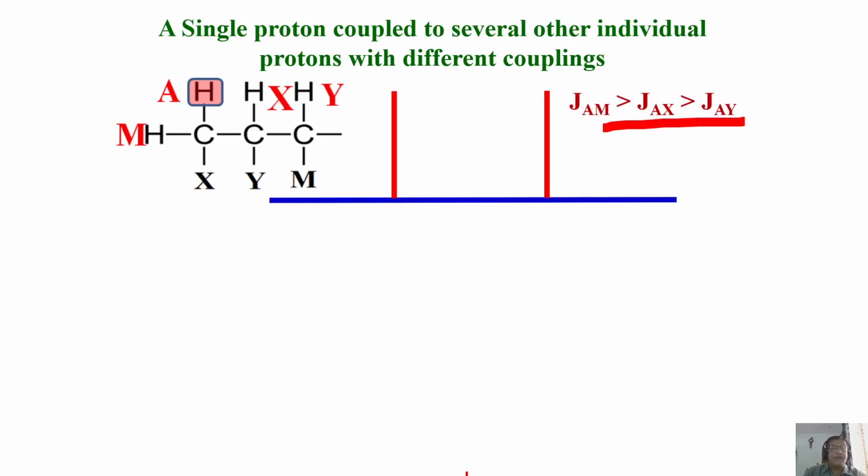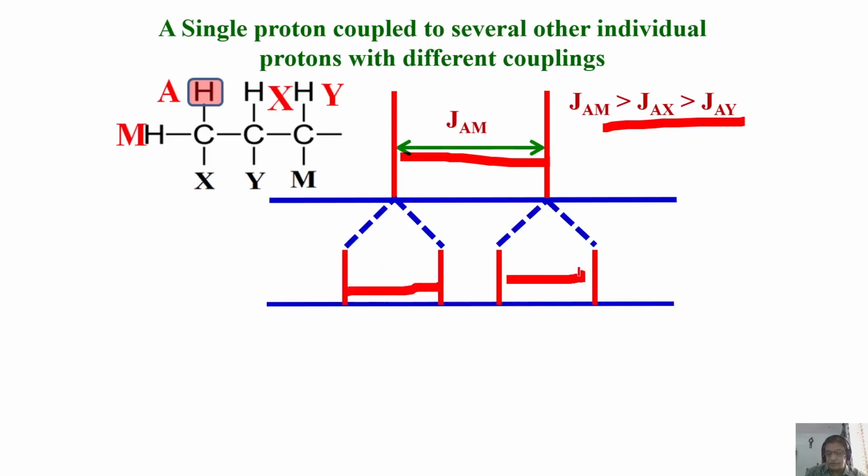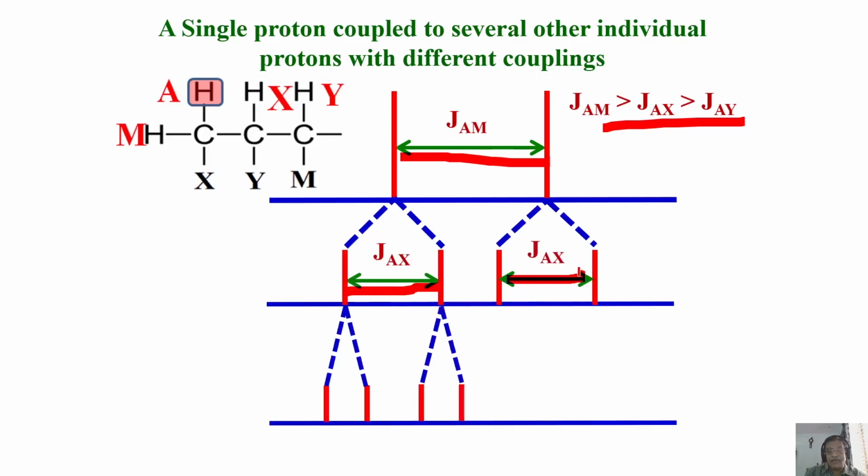Now look at the spectrum. First, A will become a doublet because of AM, and then each line of this becomes a doublet because of AX, and now we get a doublet of doublet of doublets of equal intensity because of AY coupling.